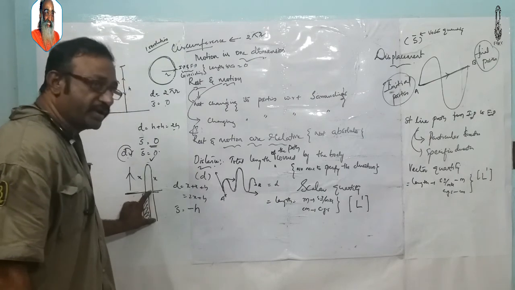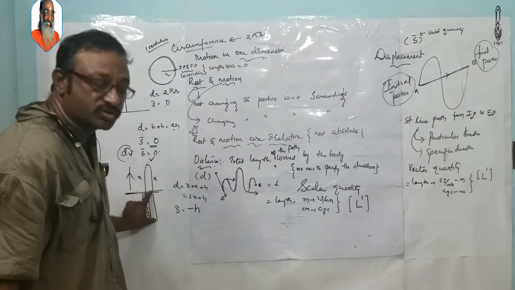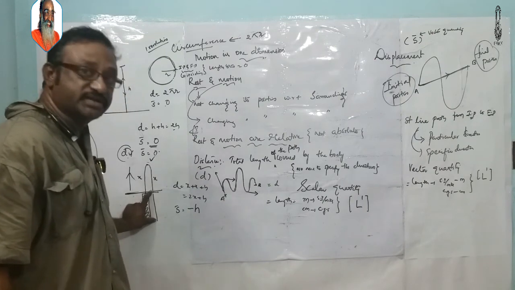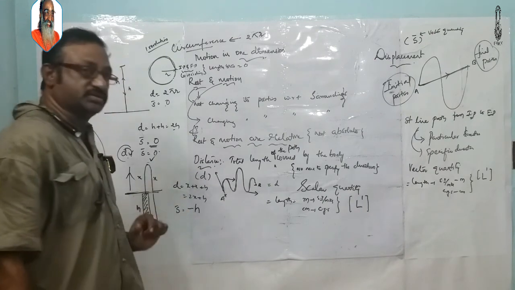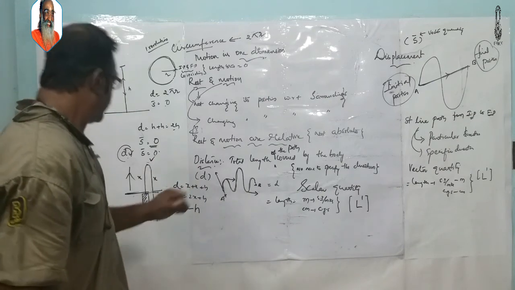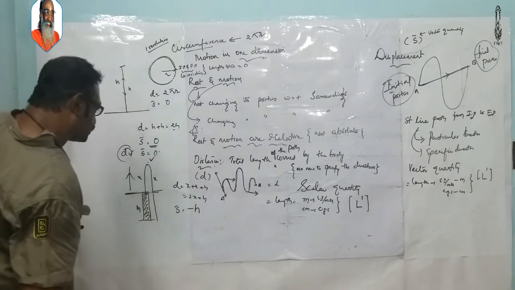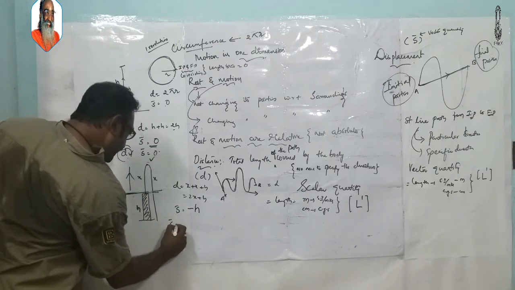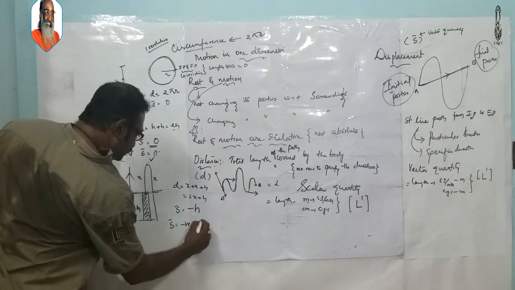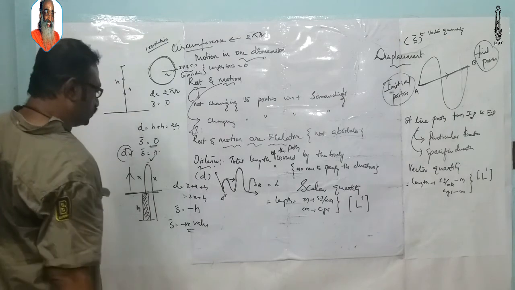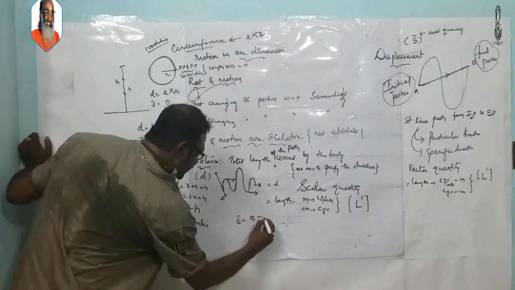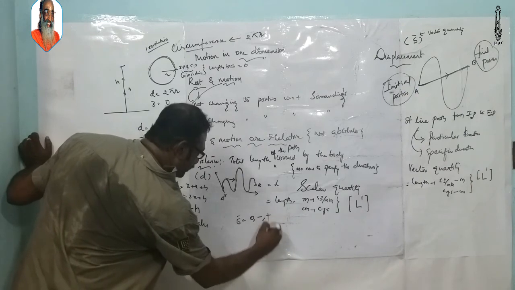But we have to make everybody understand that it moved in the opposite direction, so we make it minus. So here the displacement is minus. From this example we understood that displacement can take a negative value also. So displacement can be 0, negative, or positive.